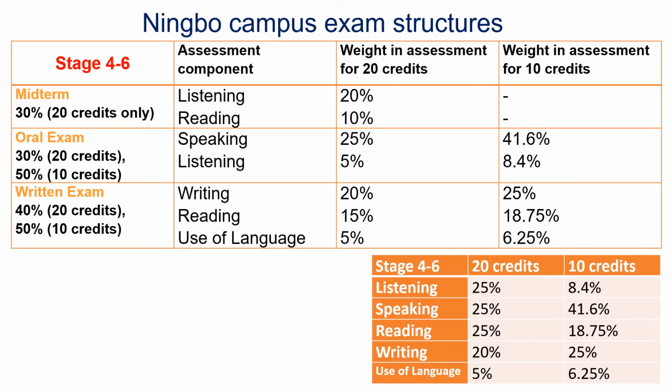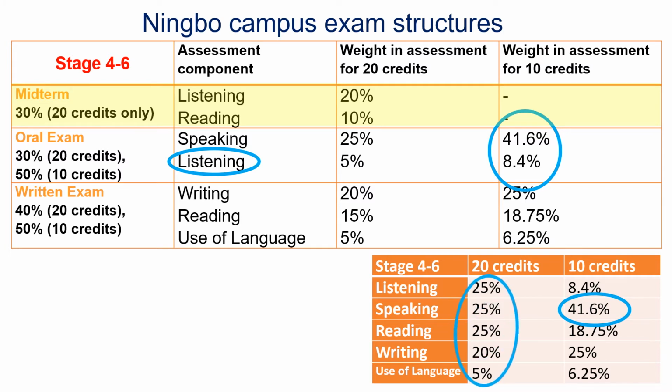For stage 4 to 6, again, the midterm exam is conducted for 20 credit students, and the listening skill is embedded into the oral exam. And if you look at the weighting of the assessment, 10 credit students are given more weighting in the oral exam, whereas 20 credit module students are assessed on all skills evenly.